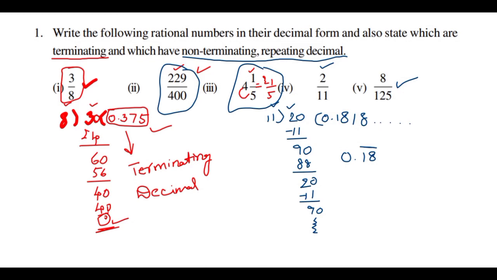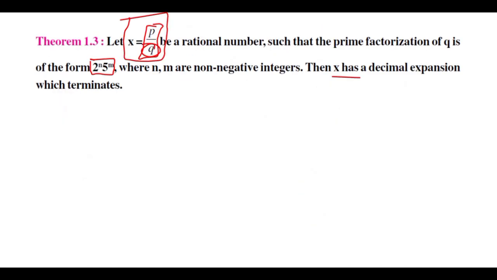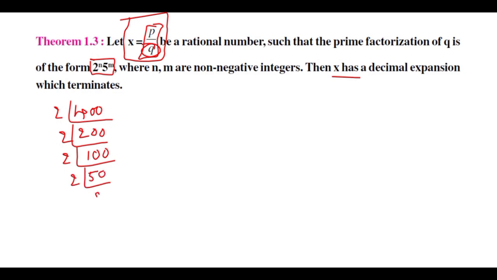This next one I also said is a terminating decimal. Why? Because you can observe this is P and this one is Q. This Q, that means 400, I am going to divide into prime factors. 400 is 200 twos, 100s, 50s, and 25s, so 5 fives. So how can we write 400 now?